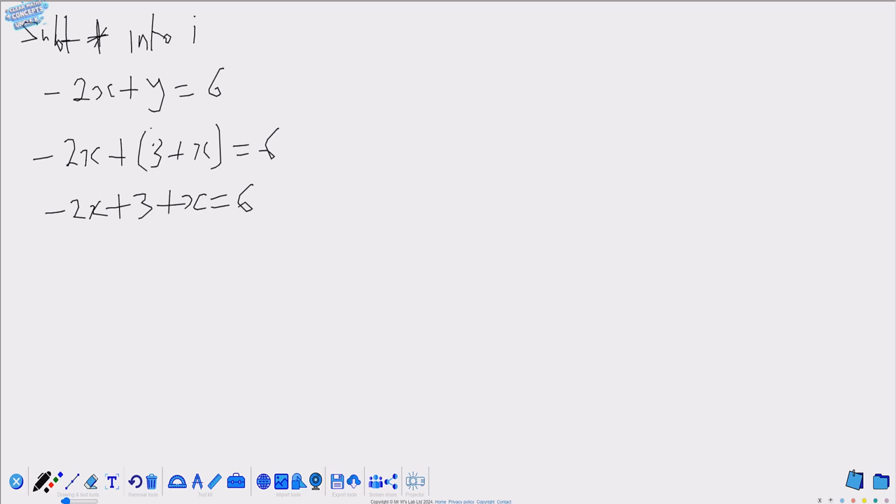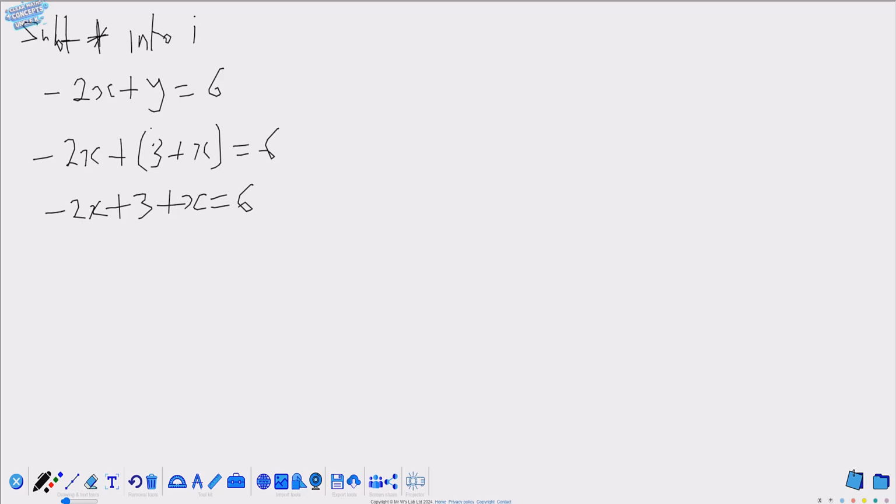Now why did I use brackets? Because it's possible that the sign before y will be minus. So you have to use brackets when substituting. So minus 2x plus 1x. You have a debit of 2, then you have a credit of 1. It means you still are in debit, right?